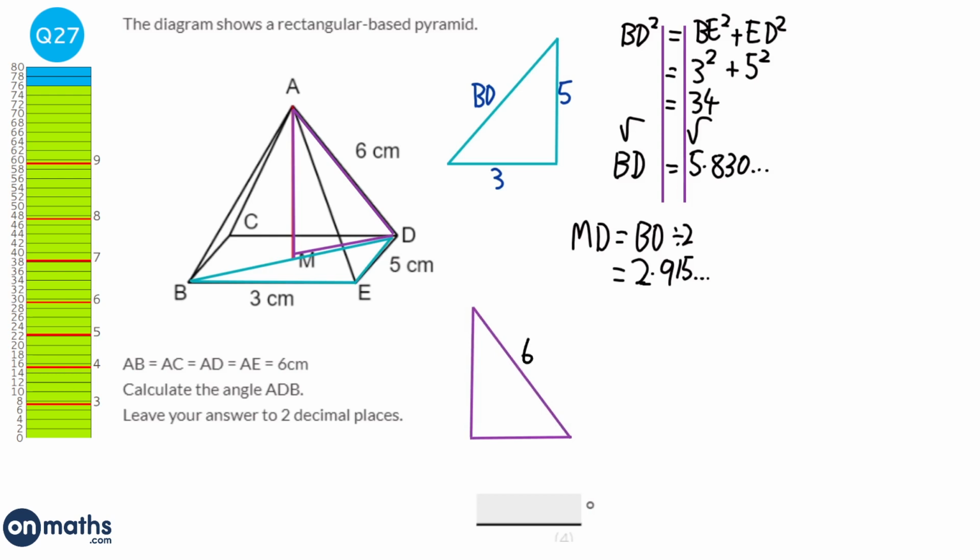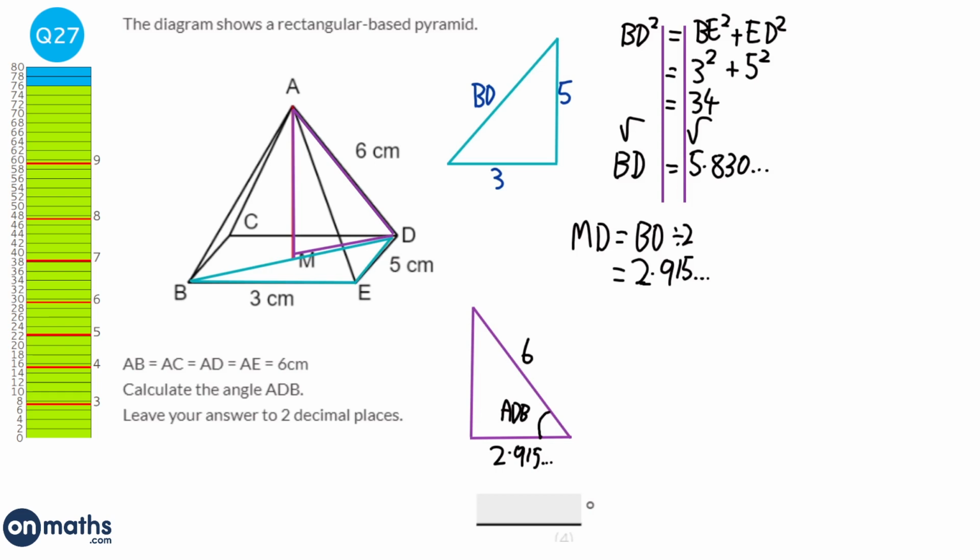Okay, so we've got 6 centimeters down the hypotenuse, and we've got this 2.915 and so on down the bottom, and we're looking for angle ADB. Sorry, yeah, so it's ADM or ADB, which is this one here. And ADB and ADM will be exactly the same because you can see that B and M are the same angle from D.